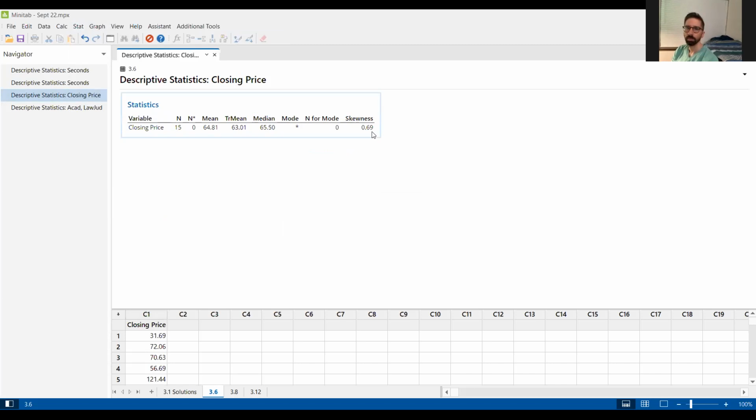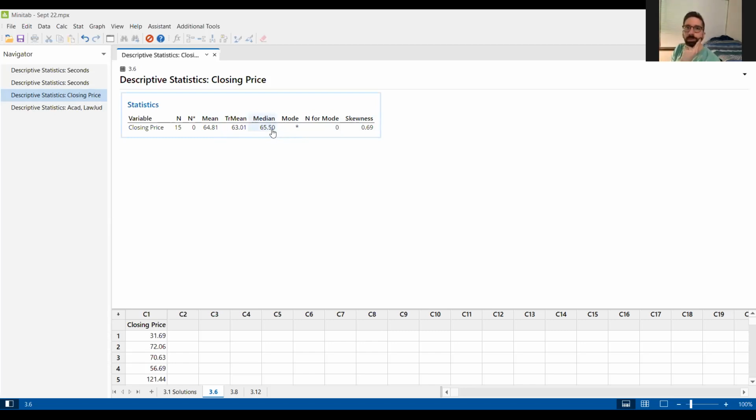Notice skewness is even bigger here, right? 0.69, bigger skewness. And you might ask, well, wait a minute. There doesn't seem to be as much of a difference between median and mean here as in the previous example. Why is the skewness bigger?